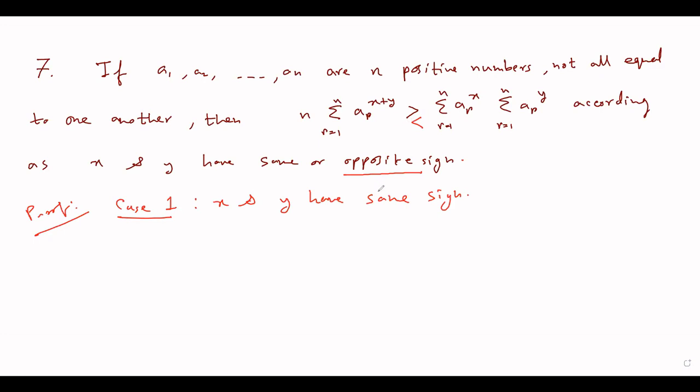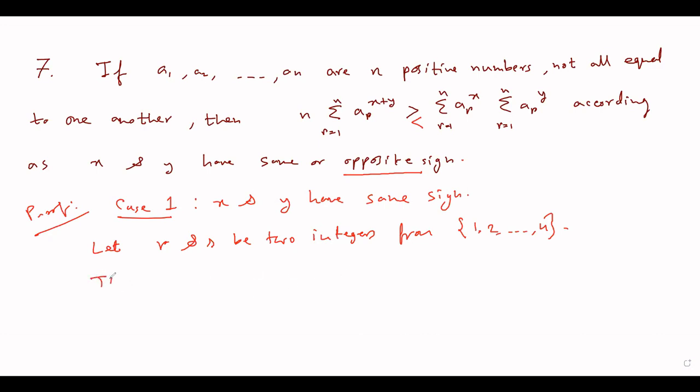So let us choose r and s be two integers from the list of integers 1, 2 up to n. Okay. Now here is an interesting claim.